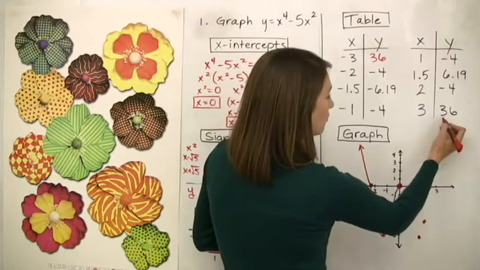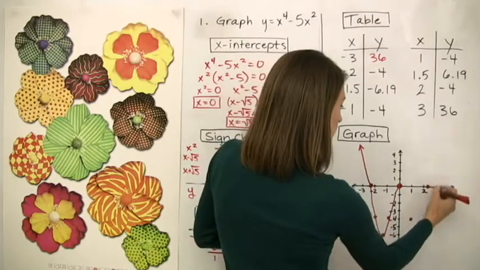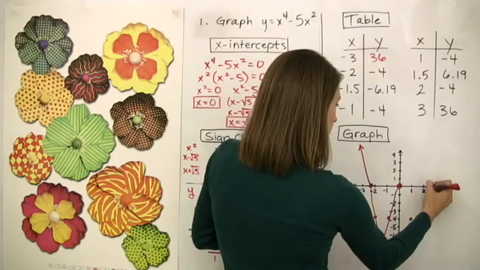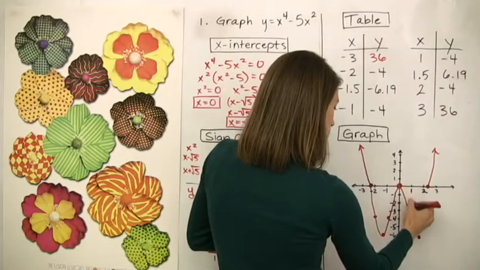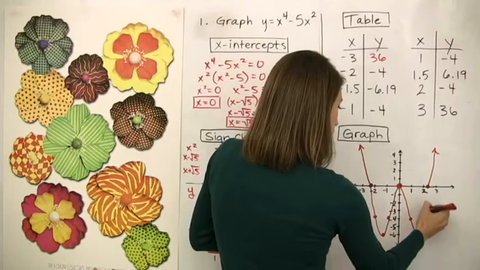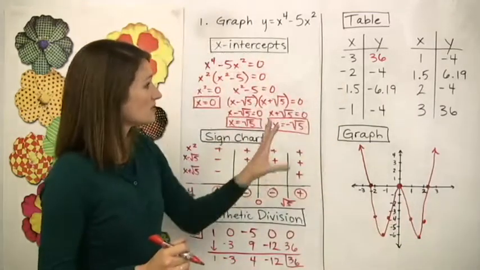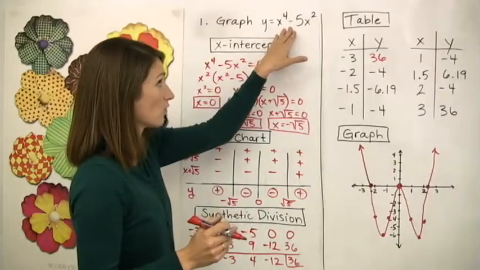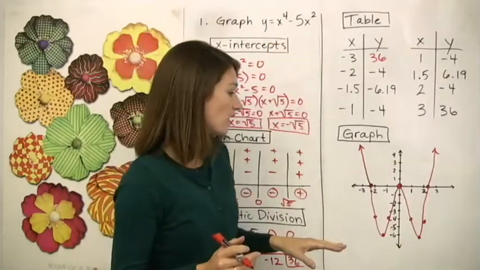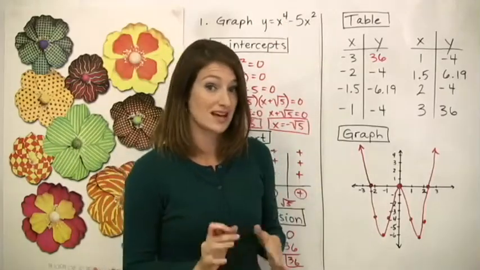And then our last point of 3 and 36, again, is way off of our axes here, but we know that the right side of our graph is going to go up like this. So what happens down here is we have a turning point way down there. So that matches all of this information that we found. For this function, y equals x to the 4th minus 5x squared, we know that we were looking for 3 turning points at the most.